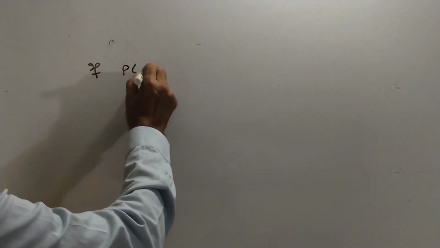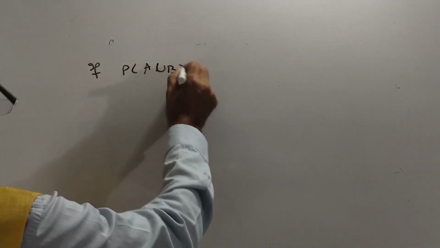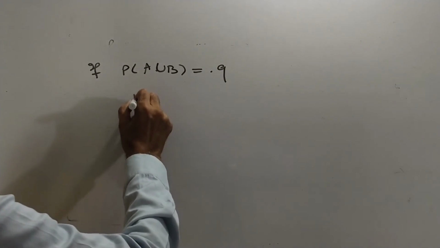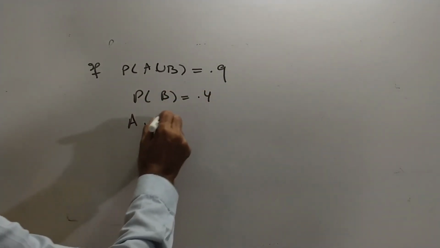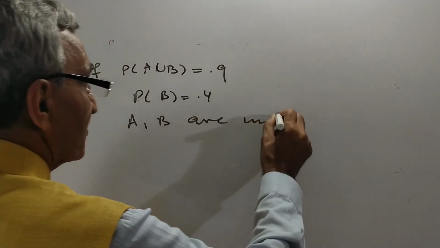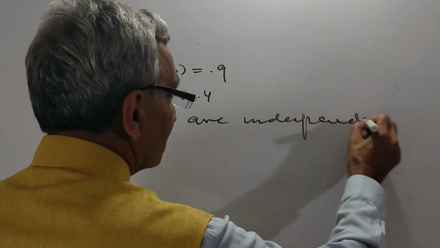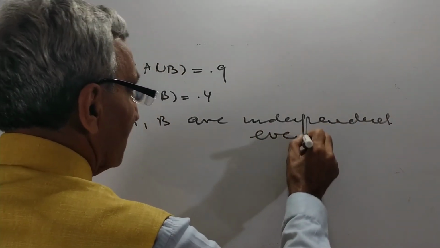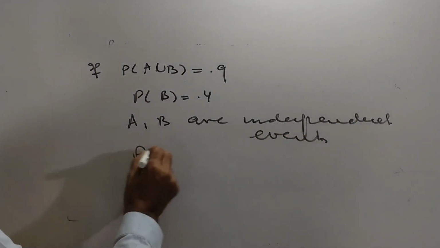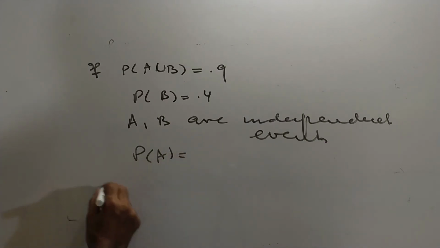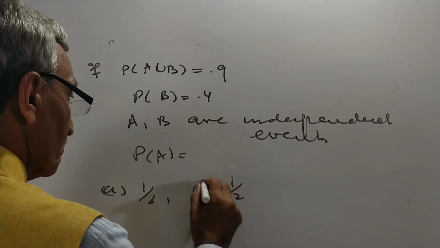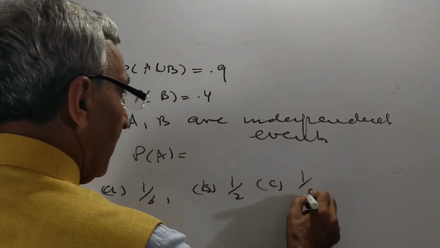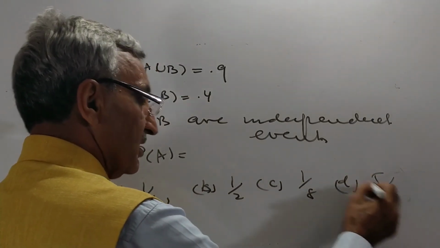If probability of A union B is equal to 0.9 and probability of B is equal to 0.4 and A and B are independent events, then what is the probability of A? Choices are A is 1 by 6, B is 1 by 2, C is 1 by 8 and D is equal to 5 by 6.